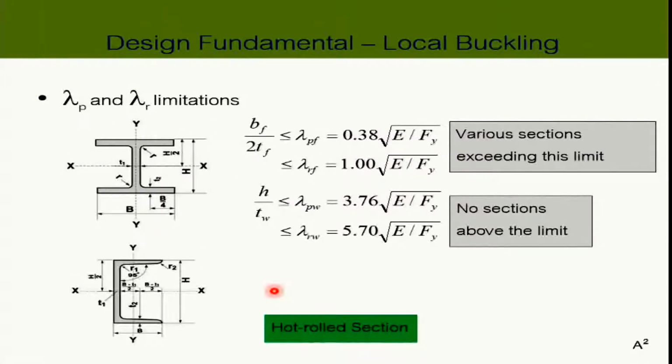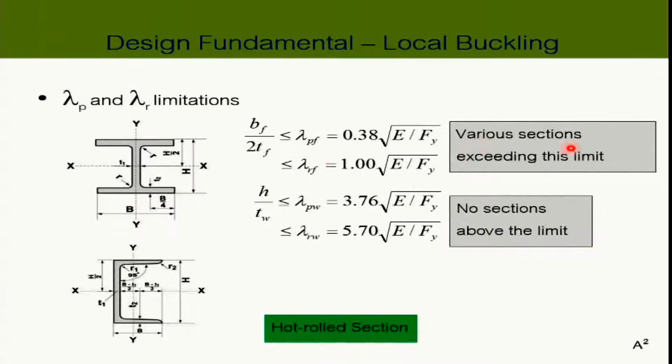And now, you look at this. Of course, we now have lambda p and lambda r for this. And right now, you see the limit is not the same as in compression members because the stress is not the same. In compression members, you have a uniform stress, but in the beam, you don't.